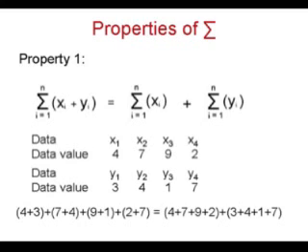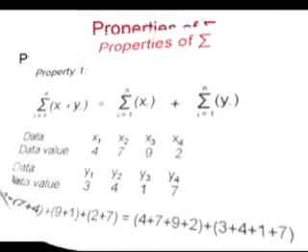This number will be equal to the right half of the equation, where we add up all the x's and all the y's separately before adding them together. By inserting the data values in the place of the x's and y's, one can deduce the equation at the bottom of the screen. Feel free to pause the slideshow to verify that both sides of the equation at the bottom of the screen add up to 37.